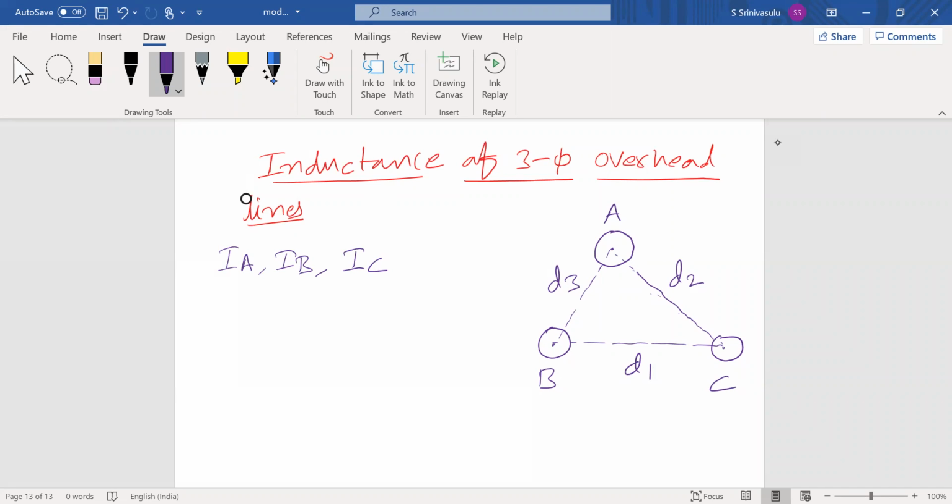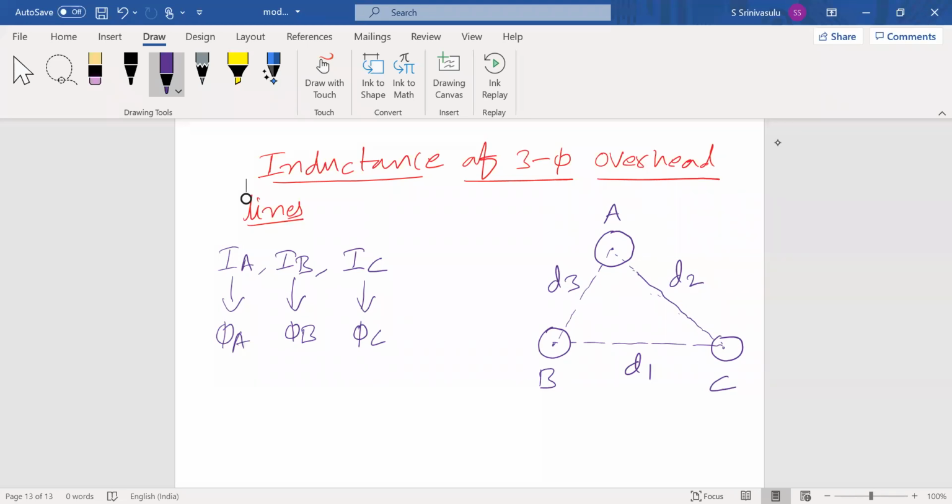Now wherever current is flowing, what happens in the surrounding of the conductor? Some flux will be created. IA current will create flux phi A, IB current will create flux phi B, and IC current will create flux phi C. Suppose conductor A carries the current IA; in its surrounding some flux will be created, which we assume is phi A. Similarly, conductor B carries the current IB, and some flux phi B is created around it.